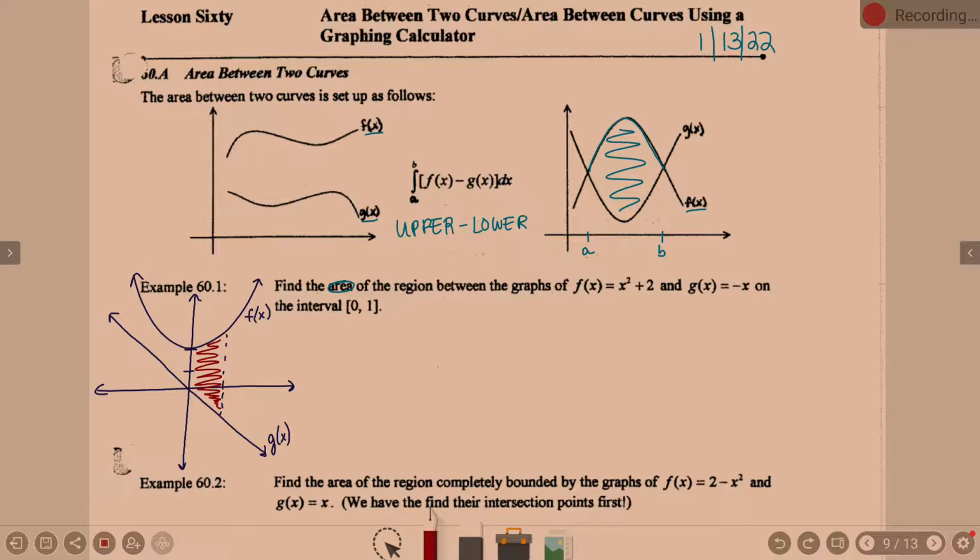Looks something like that, whatever that random shape is. Now as we go to do this, remember we're going to do upper minus lower as I set up my integral.